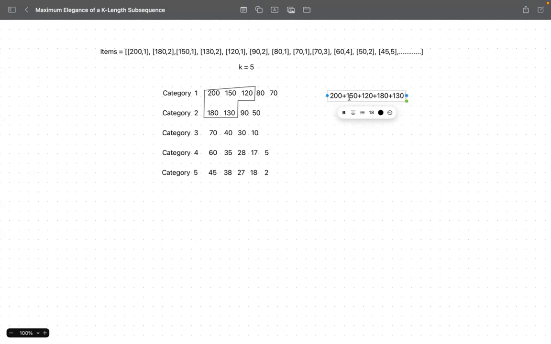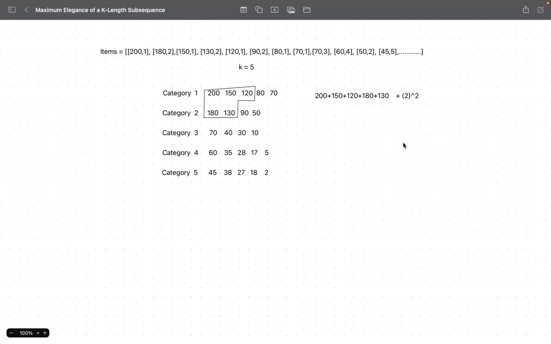And then one more thing, distinct categories. How many distinct categories are there? It's just 2, right? So this is the first subsequence that you can find.